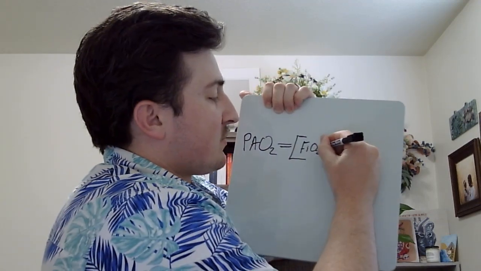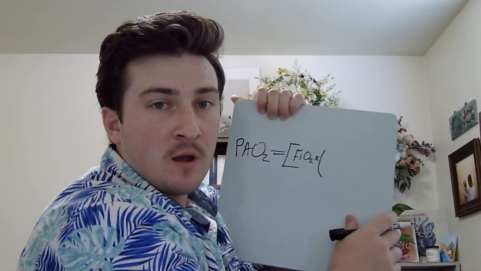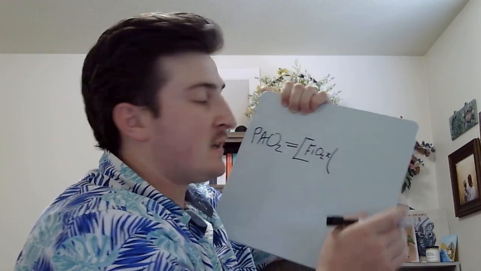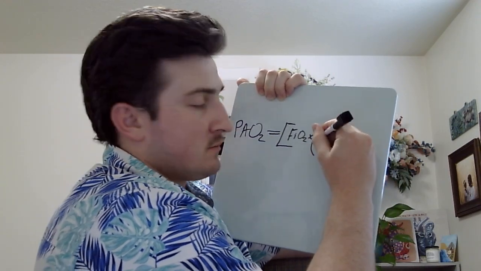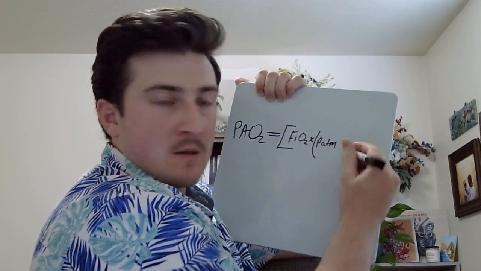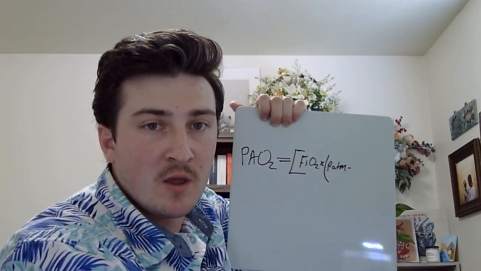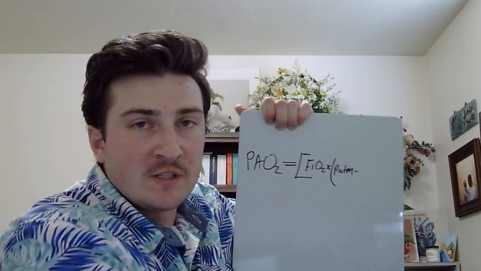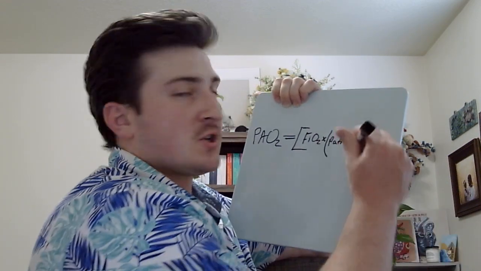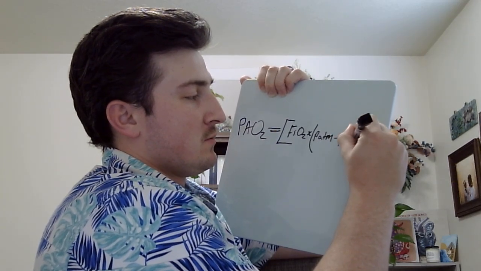And we're going to multiply that by our atmospheric pressure, which at sea level is 760 millimeters of mercury, minus the water vapor pressure, which is normally 47 millimeters of mercury at normal body temperature. So PH2O.